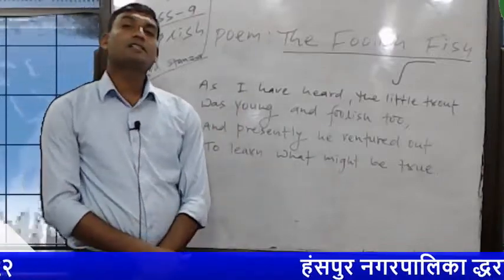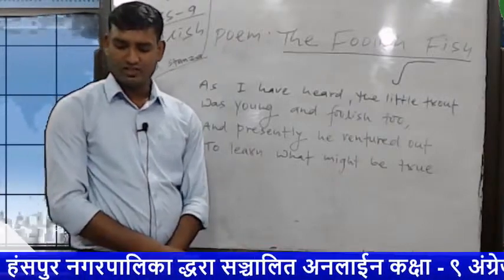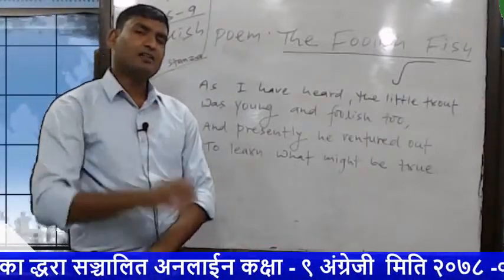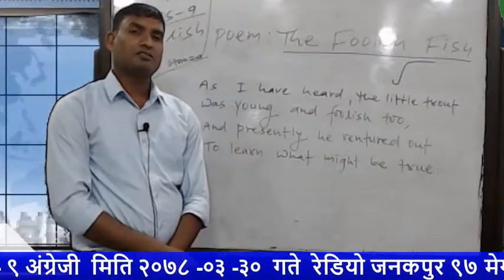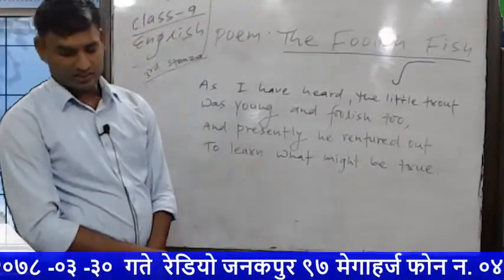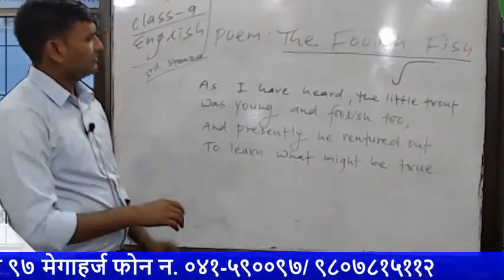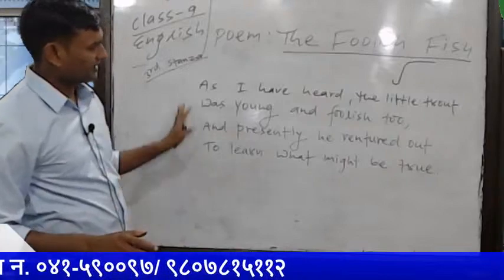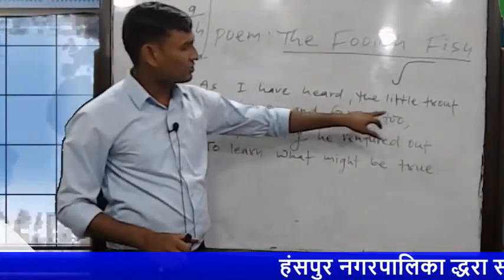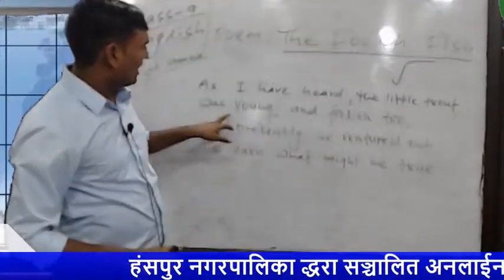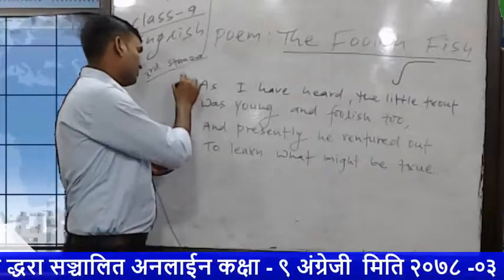In second stanza, mother replied, the worm that you see, inside of the worm there is hide the sharpness of hook. And in the third stanza, listen guys, as I have heard the little trot, it means was young and foolish too. These two relate to mother fish.